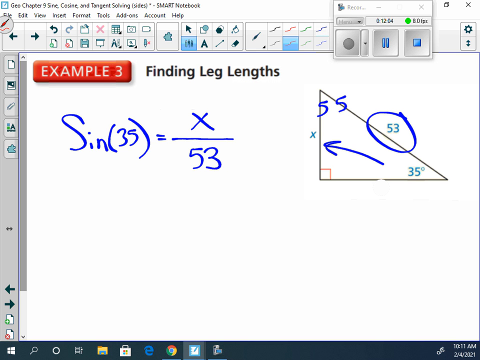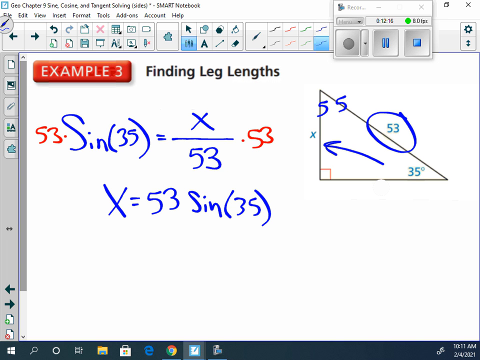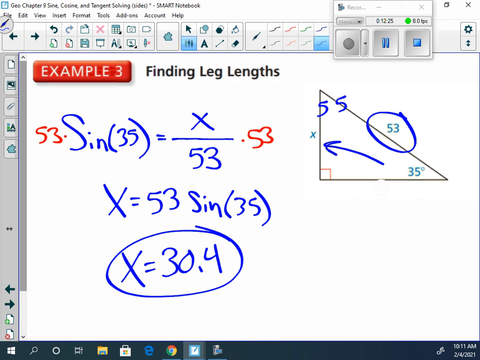Now, we would multiply both sides by 53. And that would tell us that x is equal to 53 sine of 35. It's kind of how we expected, isn't it?